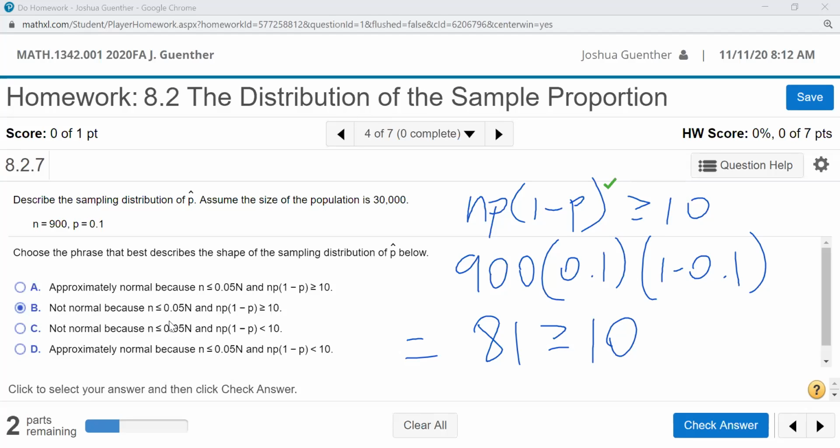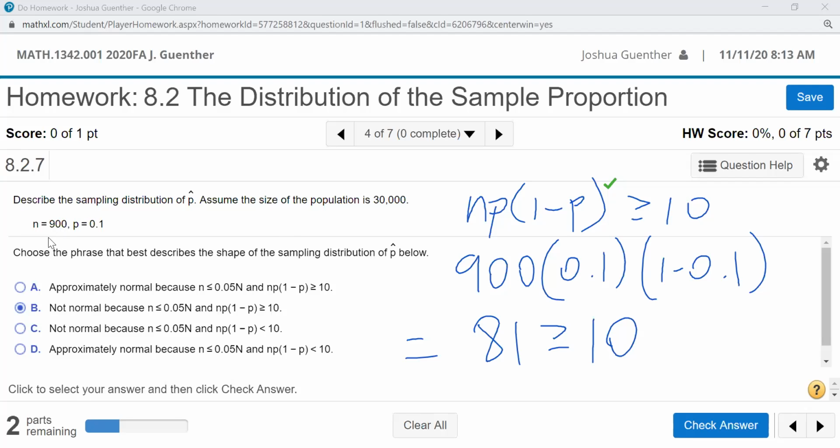Now, another normality assumption that we don't go into uber detail about. But for the sake of this problem, you want your sample size to be less than or equal to 5% of your population size. Our population is 30,000 strong. 5% of that, 30,000 times 0.05, is 1,500.